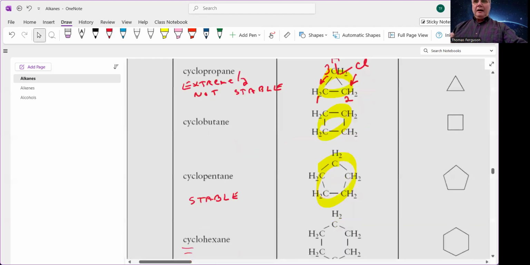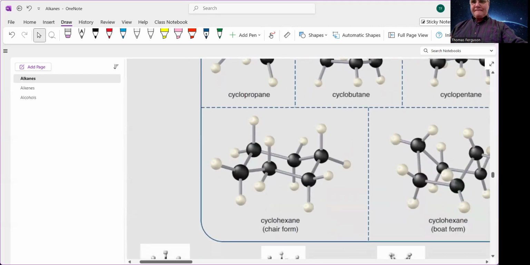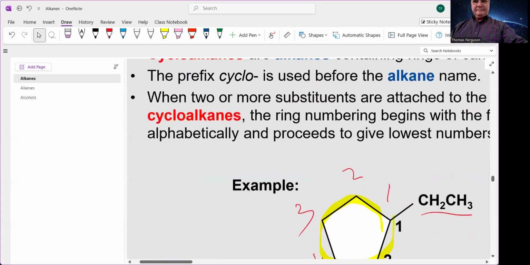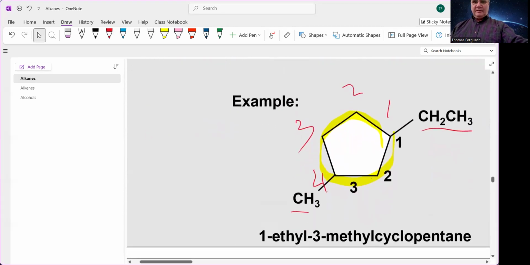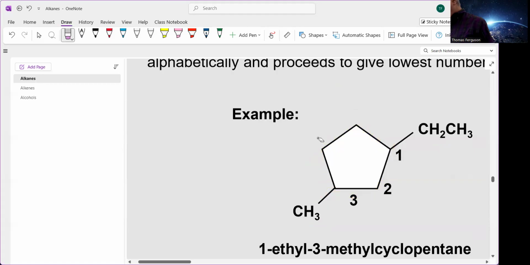Okay, so cyclic compounds are very common in organic systems, particularly. So to name a cyclic compound, the cyclic compound automatically becomes the backbone. So we have a backbone, boom. Don't even need to think about it.